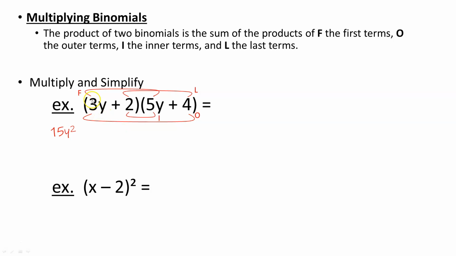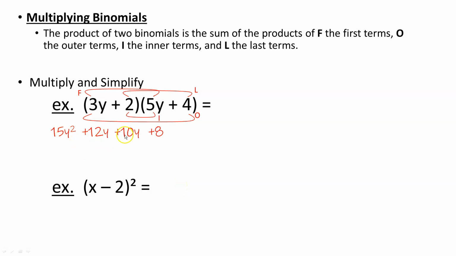Okay, so first we did 3y times 5y, which gives us 15y squared. And then outer is 3y times 4, which is 12y. Inner is 2 times 5y, which is 10y. And last, we just have 2 times 4.